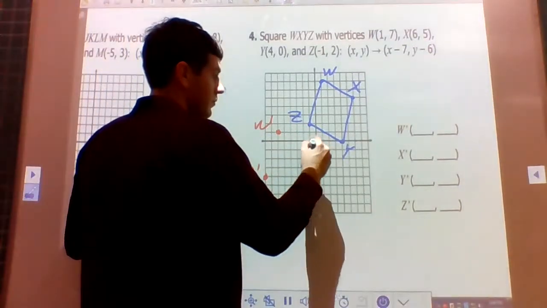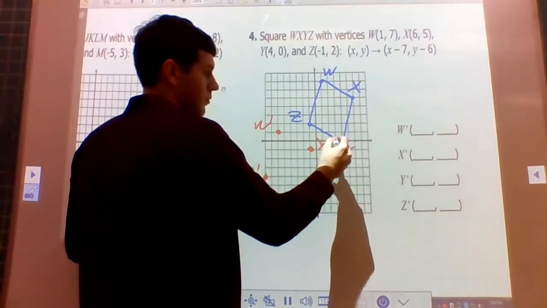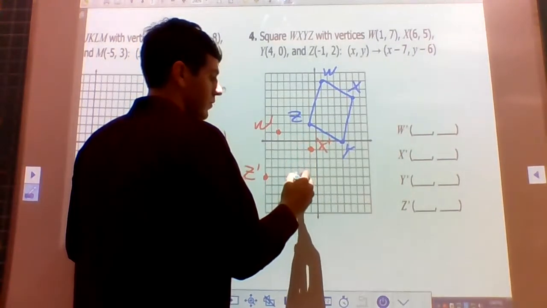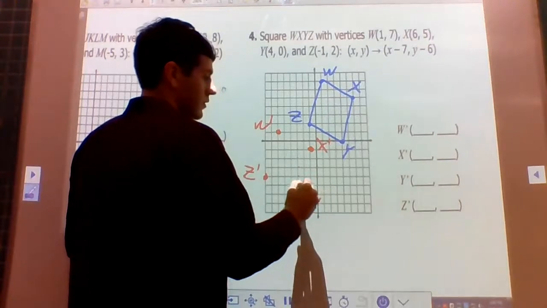Here's W prime. And there is Z prime. Then for X, left 7 and down 6. Here's X prime. Then Y prime: left 7, down 6. And there's our new figure.